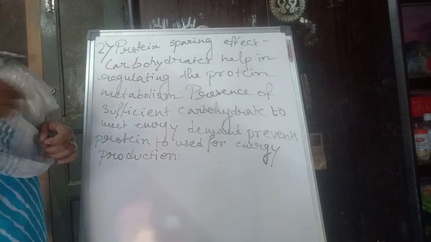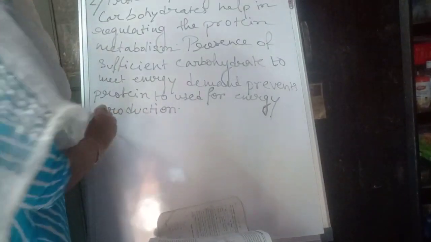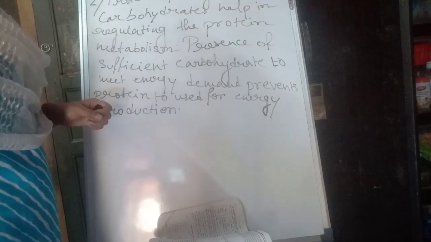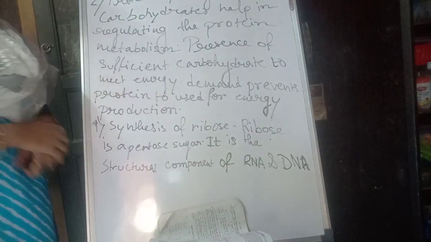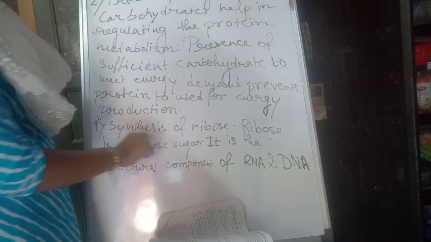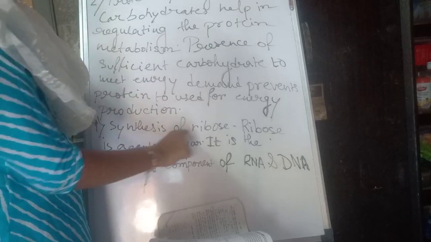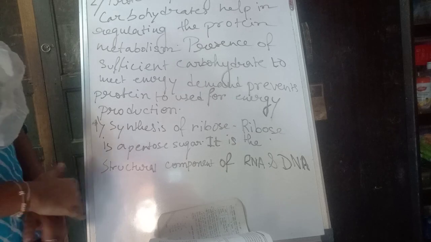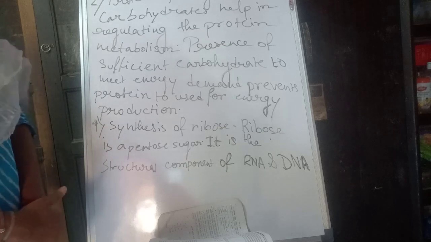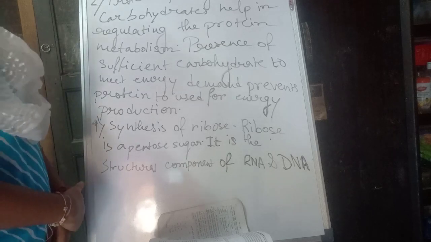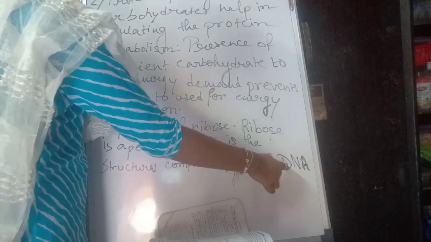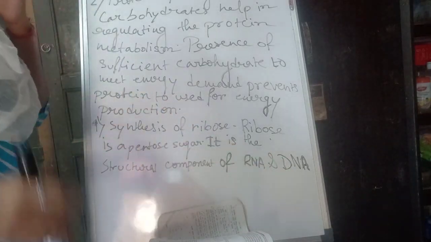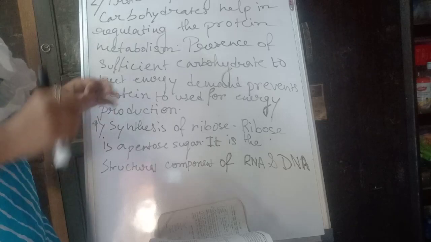The next function I will discuss is synthesis of ribose. Ribose is a pentose sugar, and we all know that RNA and DNA, ribonucleic acid and deoxyribonucleic acid, are both composed of this structural compound.